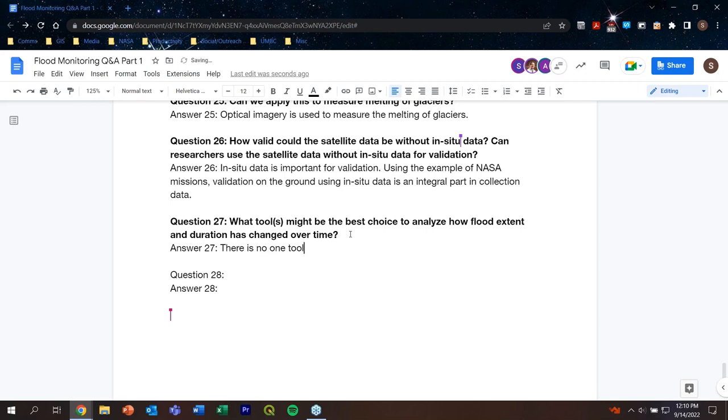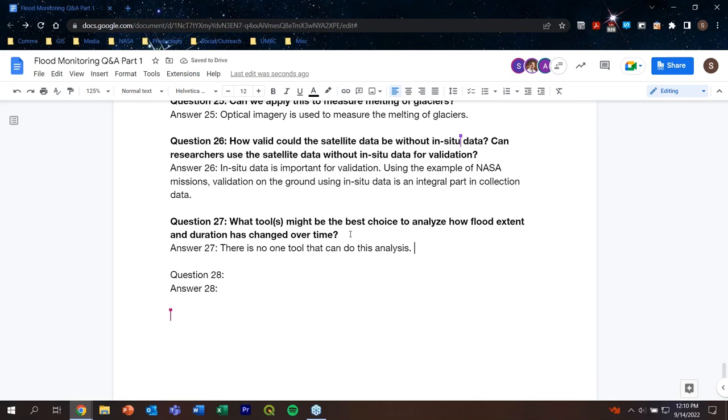Landsat also can be used because it is a very long-term data set, and it has been used to look at surface water changes. So you can use any optical data and look at flood extent for sure.